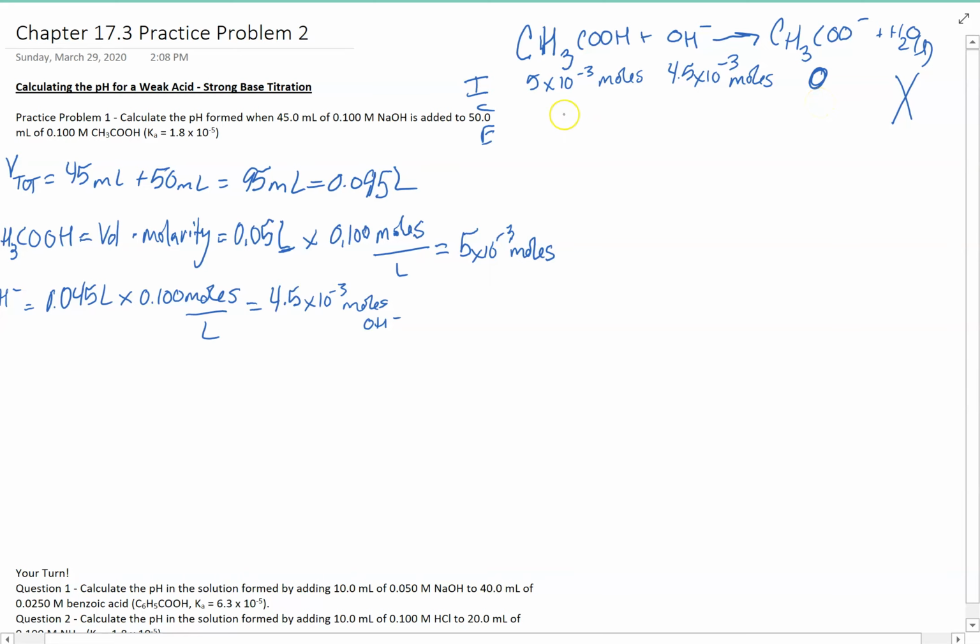I can subtract from values that are not 0. In fact, I can subtract this number. If we're assuming that all of this is going to react because it's strong, we're going to subtract the maximum we can to get one number to equal 0 and no less. Since I'm subtracting that on this side, I know I'm also subtracting that here. And I know I'm adding that on this side.